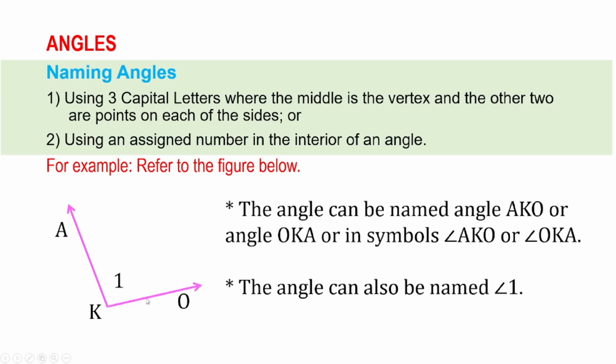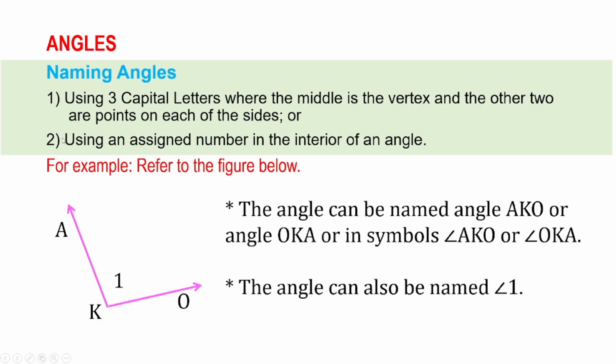So again, for the example earlier, this angle is actually named angle AKO or angle OKA, or we can use the symbol of the angle and then the name, 3 capital letters, where the middle letter should be the vertex. And as you can see class, K here is the vertex of the angle. So do not put the vertex on any of the sides. You must always use the vertex as the middle letter in naming angles.